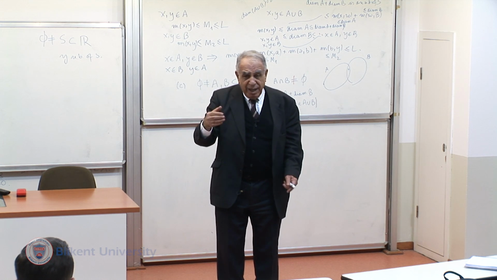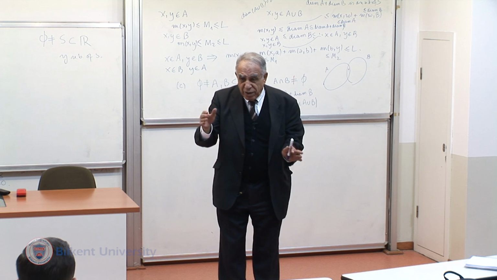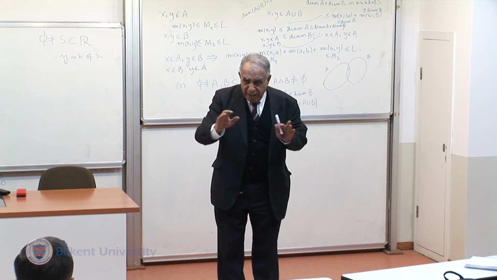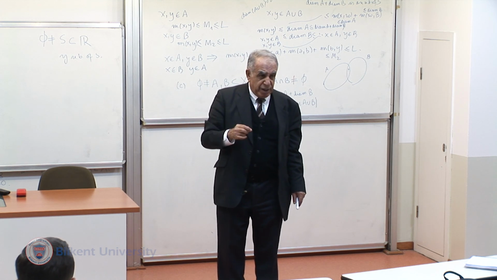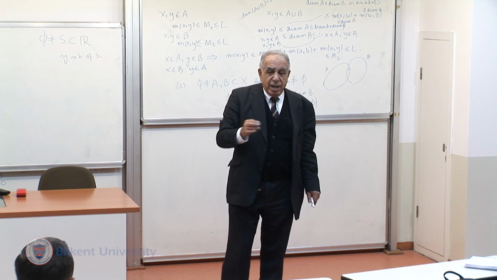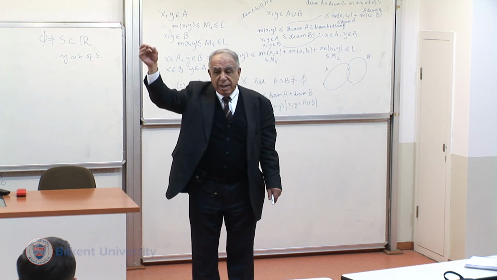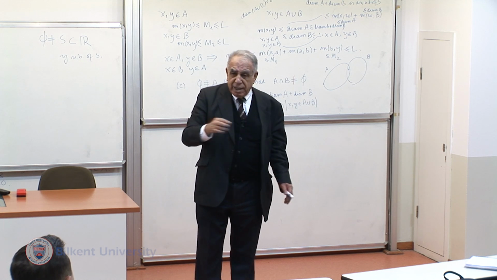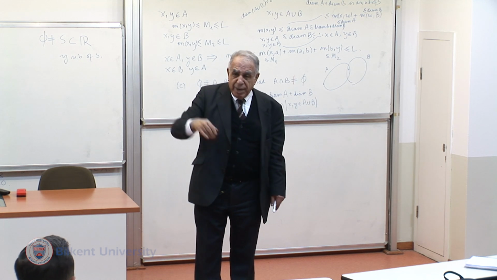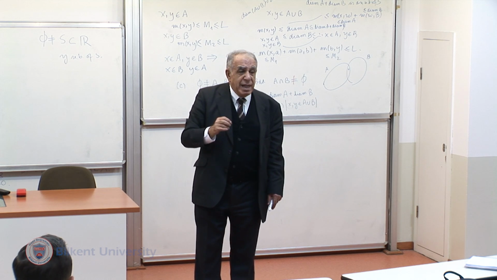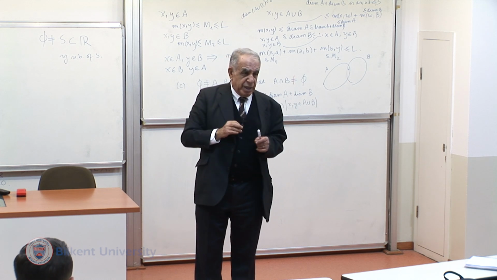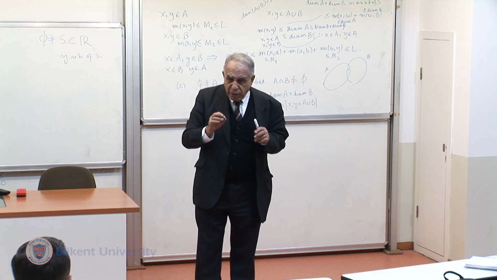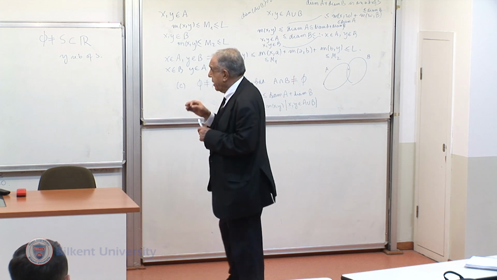And in that, you cannot confine yourselves to a metric. You need the topological structure. So for all equilibrium existence theorems in economic theory, as I said, be it in micro or in macro, you need a topological structure. You cannot do it just with metrics.